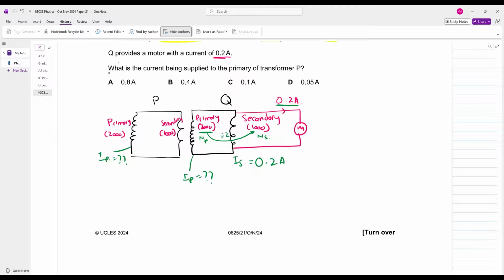In a step down transformer, if your number of turns decrease by some factor, the current increases by that same factor. You can write this key point here.